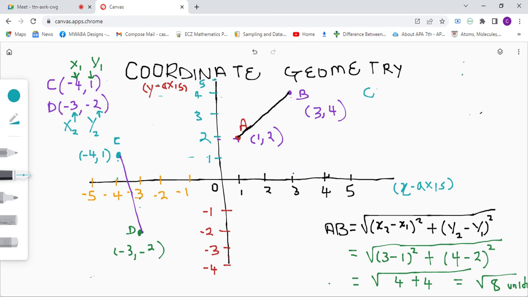So the length of line CD equals the square root of x2 minus x1 squared plus y2 minus y1 squared.